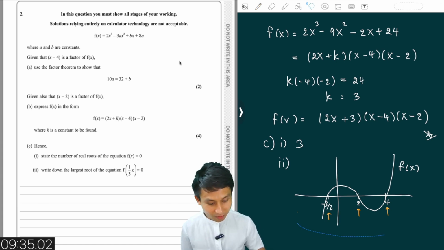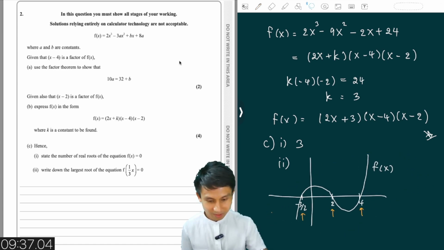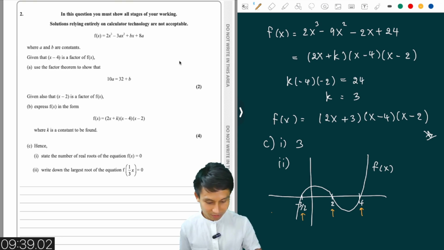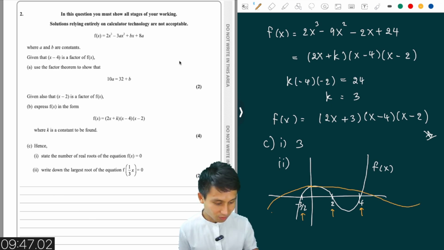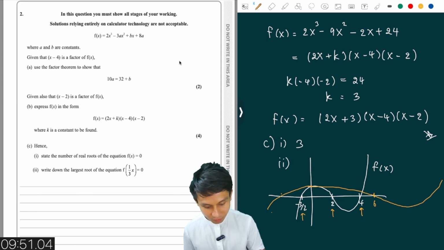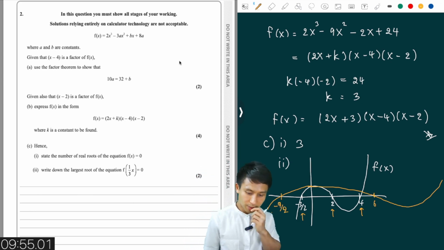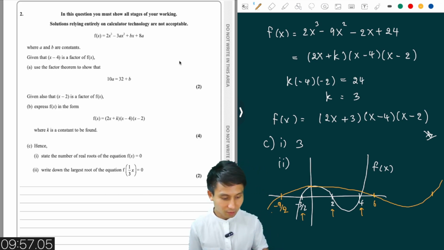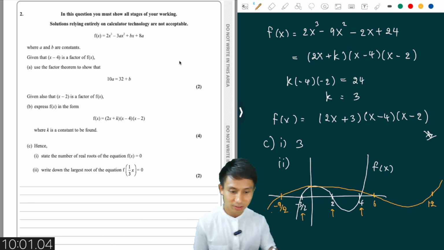Okay, so if I want to draw this out, the minus 3 over 2 will become minus 9 over 2, so I'm guessing that the y-intercept should be the same point, and that should be a minus 6, and then it's very stretched to the right like that. So this will be a 6, this will be a minus 9 over 2, yeah, multiplying by 3, and the other part here where it cuts the x-axis will be a 12 because you multiply that by 3.